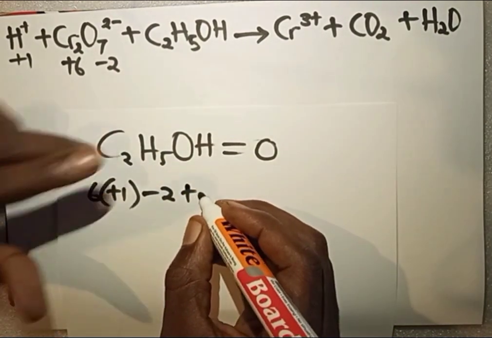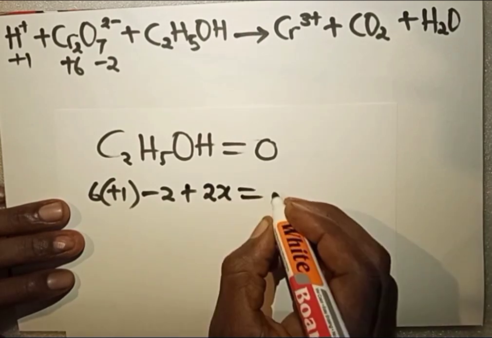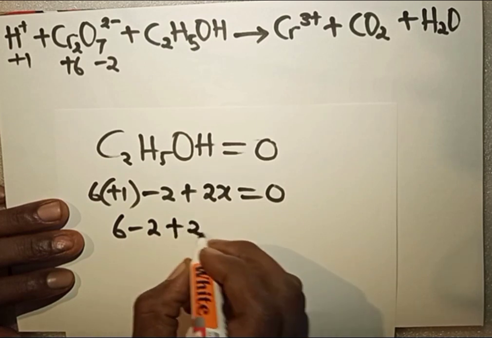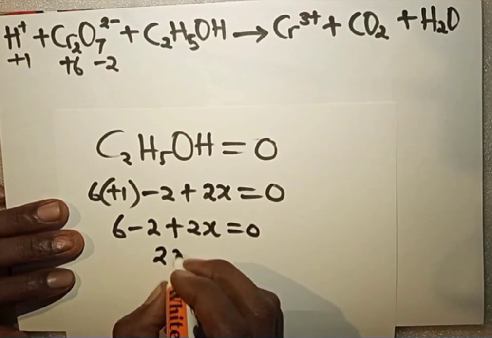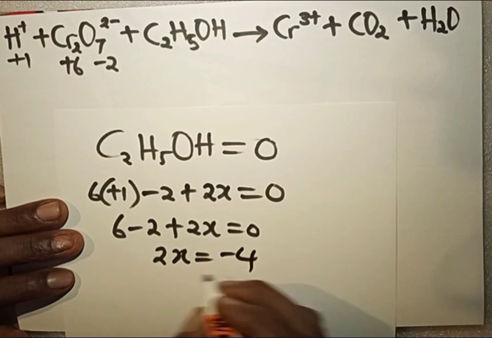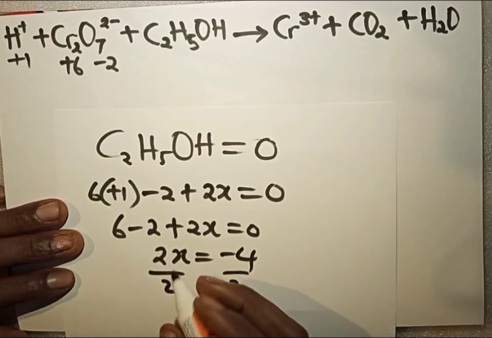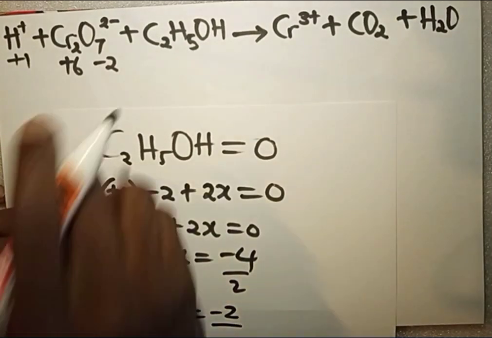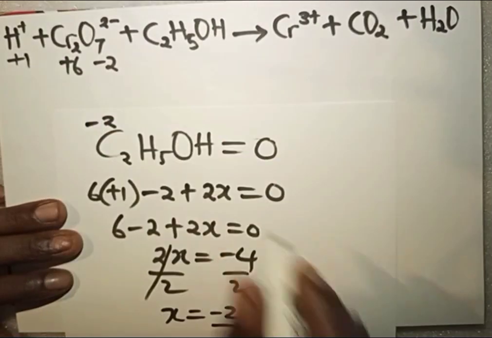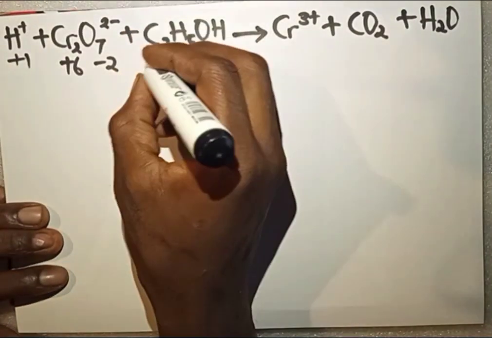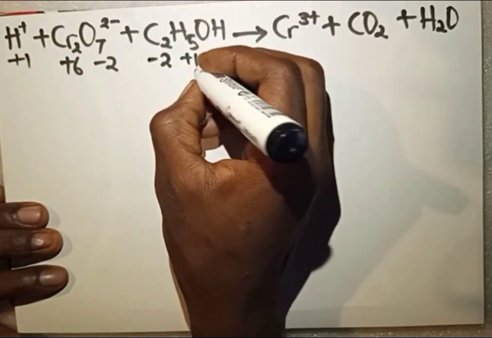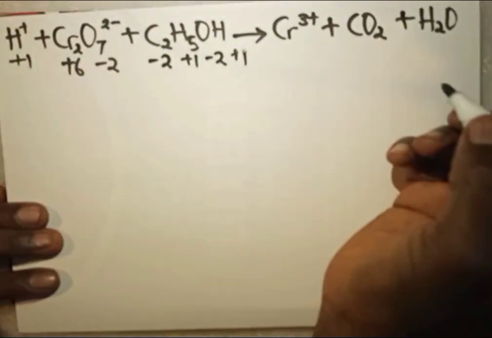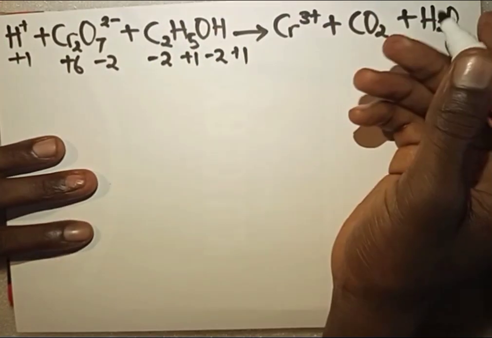We don't know the oxidation state, so we say 2x equals 0. This will be 6 minus 2 plus 2x equals 0. So 2x equals -4, and x equals -2. So carbon has a charge of -2. Therefore carbon -2, hydrogen +1, oxygen -2, hydrogen +1. When you add these, they total 0.